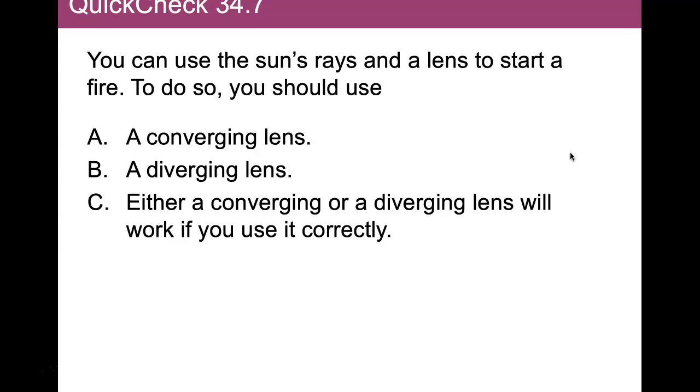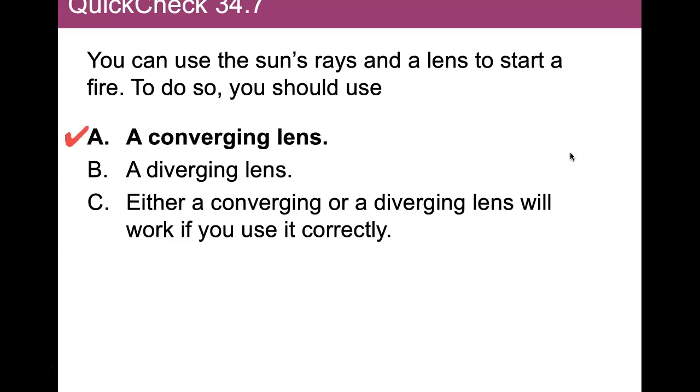Okay, so here's a quick question. Pause the video and try to decide which one's correct. All right, so to start a fire, you need a high intensity. So physically, you need to have a point where the light gets focused and converges.